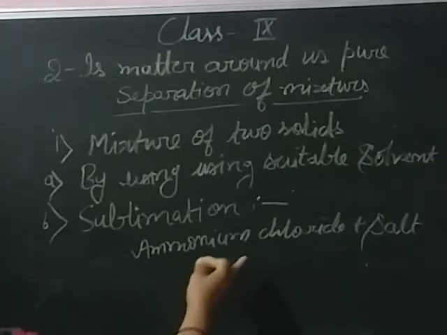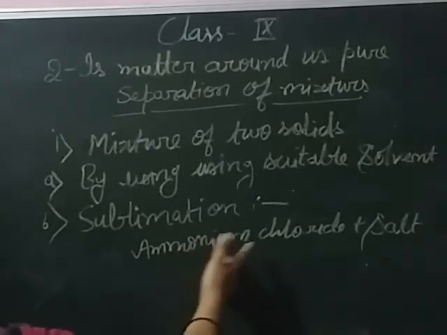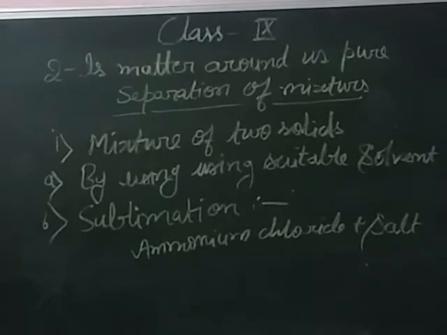So when we heat this mixture, ammonium chloride converts into vapor and salt is left behind, and when we cool this vapor, it converts again into pure ammonium chloride. Sublimation is also used for separating a mixture of two solids.